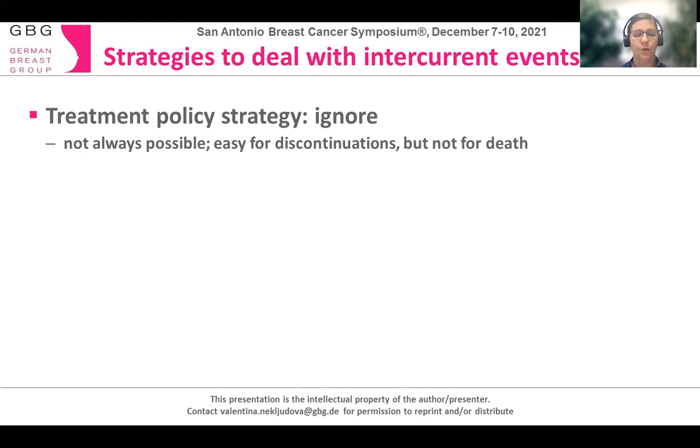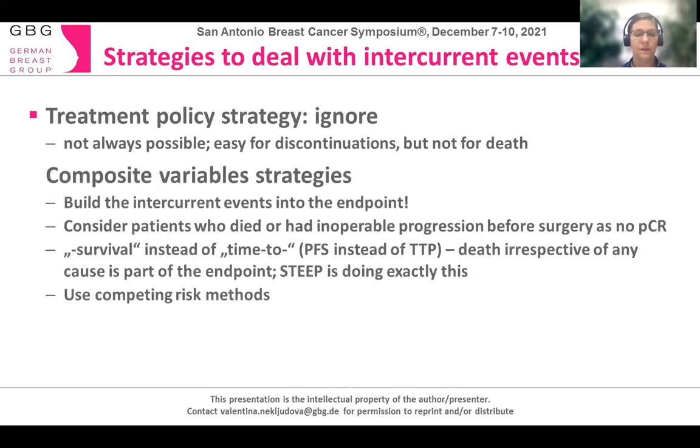And for deaths, another strategy, which is called composite variable strategy, is better, where you build the intercurrent events into your endpoint.